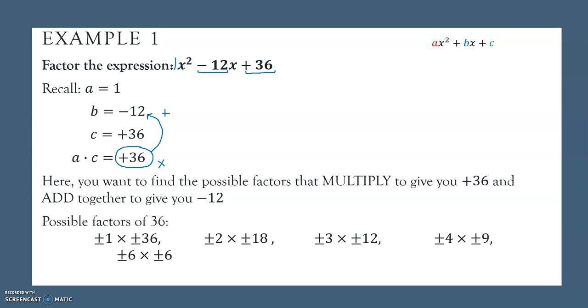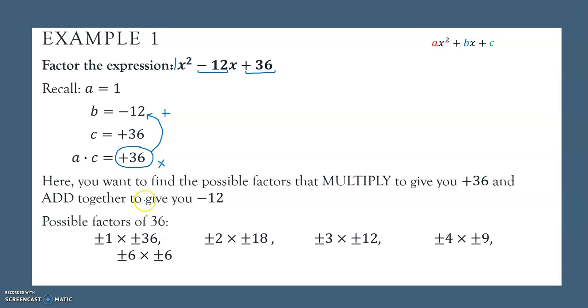So what you should do is list out the possible factors of your A times C term. Here it's positive 36. So, 1 times 36 will give you 36, 2 times 18, 3 times 12, 4 times 9, and 6 times 6. Notice that I have a plus or minus symbol in front of all of the numbers.